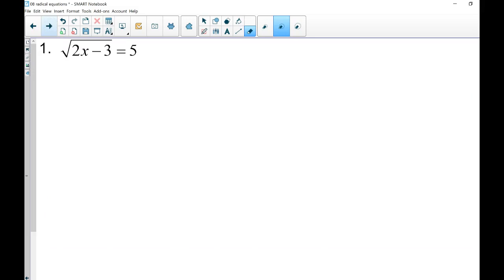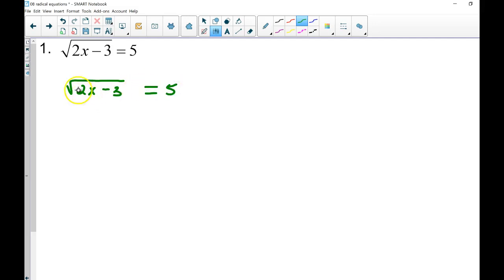So here's our first example, and the first thing I'd like you to do is rewrite the equation so it's easier to follow your notes. We notice that the radical is isolated, it's by itself, so the next step would be to square both sides since this is a square root.